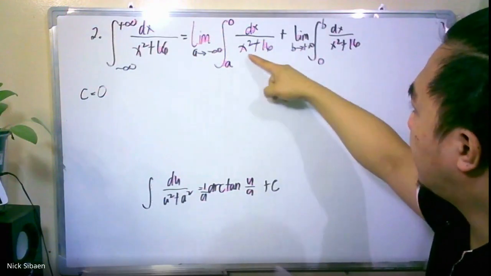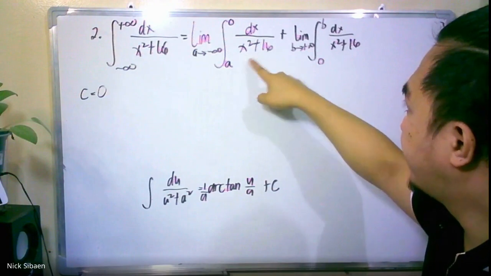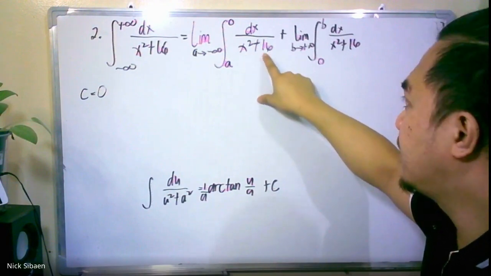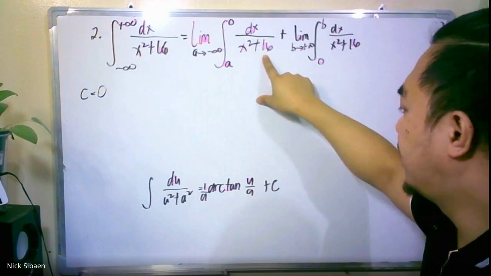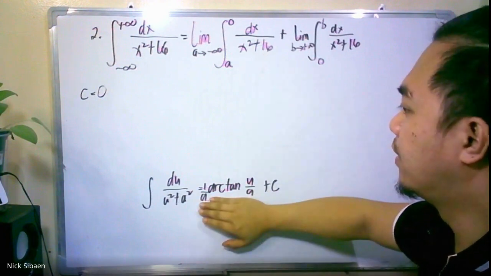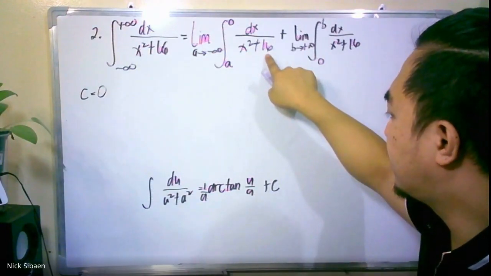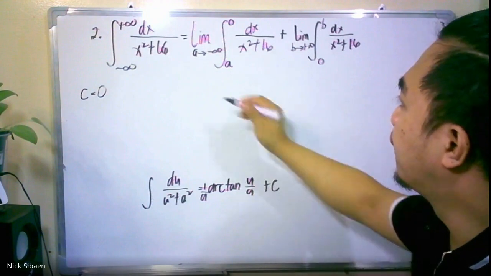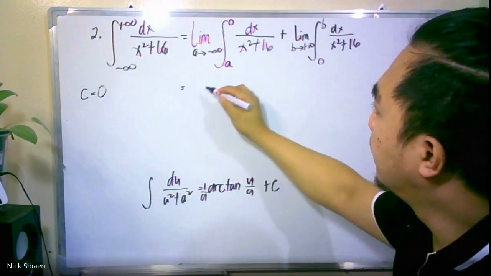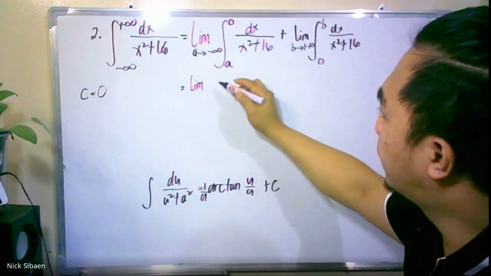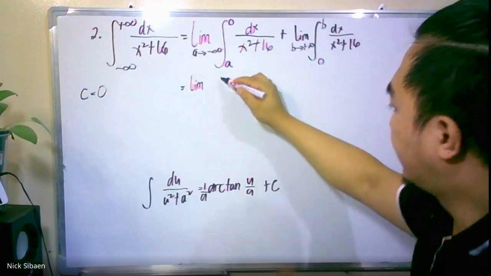So bale, ang u squared natin ay x squared at yung a natin ay ano? If that is 16, ano yung a natin na gagamitin natin dito? 4, sir. Kasi a squared is 16. That's why a is 4. Okay. Let's now write the answer then. Medyo mahaba-haba to.